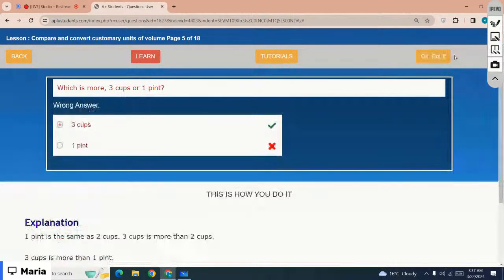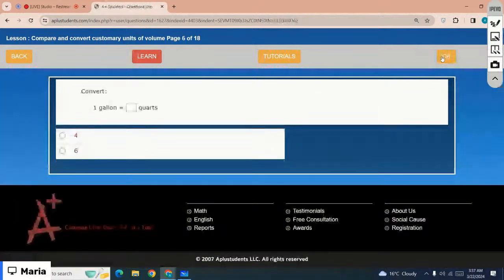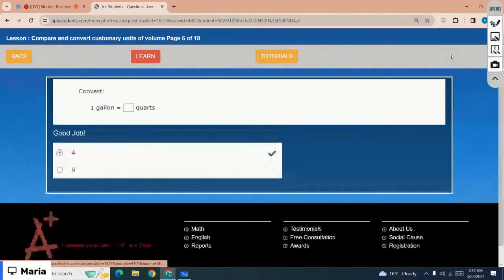The 3 cups is more. 1 gallon equals how many quarts? 1 gallon equals 4 quarts. The correct option is 4.